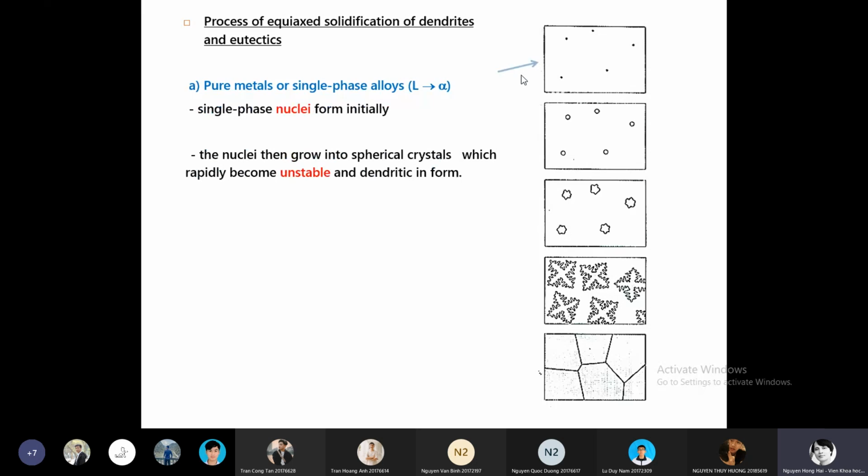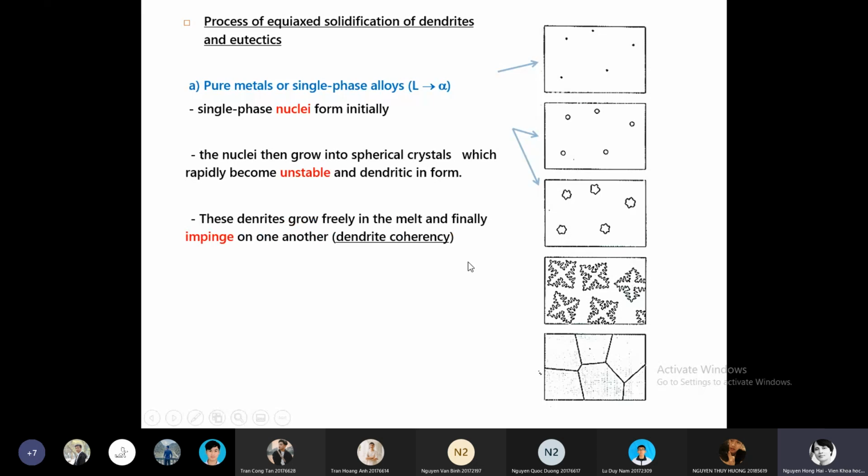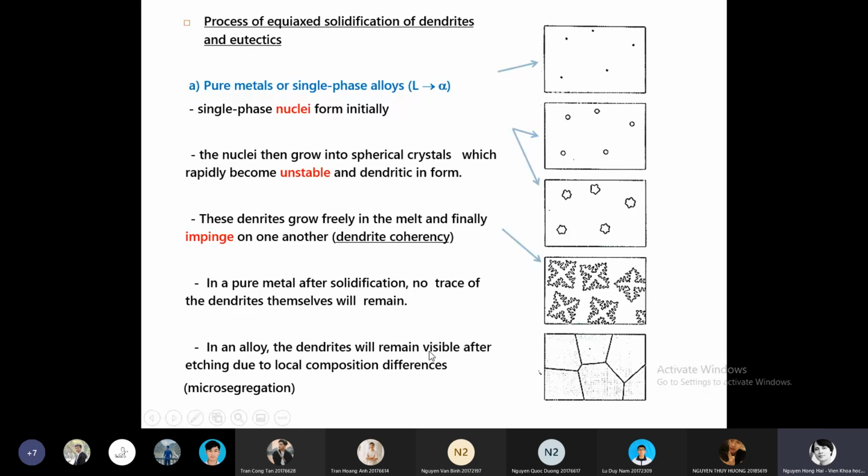They become unstable and grow into the dendrite, and the dendrites can impinge each other. It's the dendrite coherency. And at this moment, the dendrite cannot be developed anymore because there is no space. They impinge already each other, and we have grain boundaries found here.